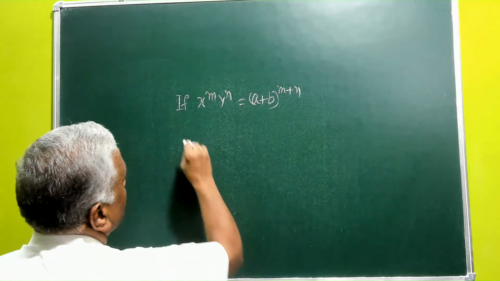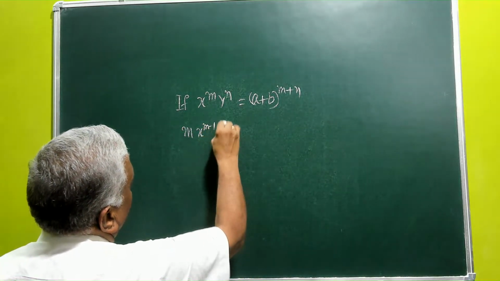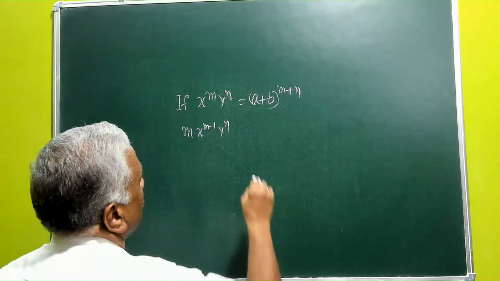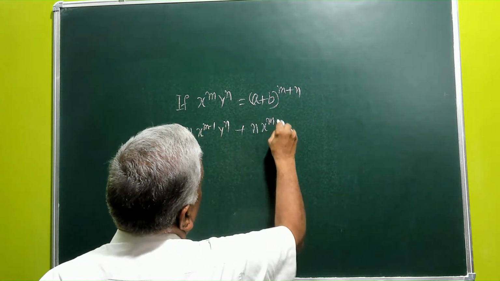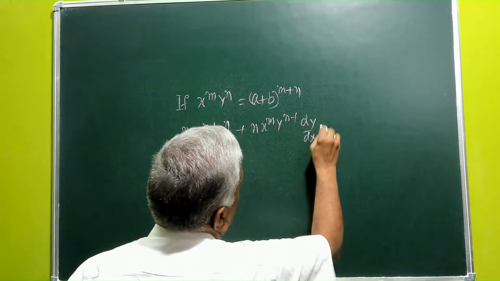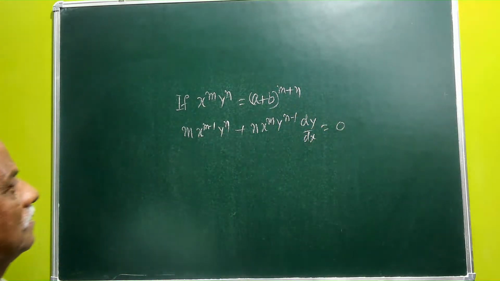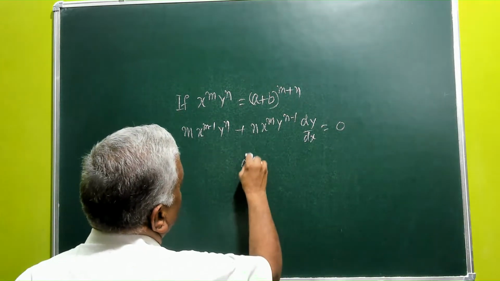So what is it that we should do? This is m x to the power of m minus 1 into y to the power of n plus n x to the power of m into y to the power of n minus 1 into dy by dx is equal to 0. Now what do you have? You cannot cancel anything.